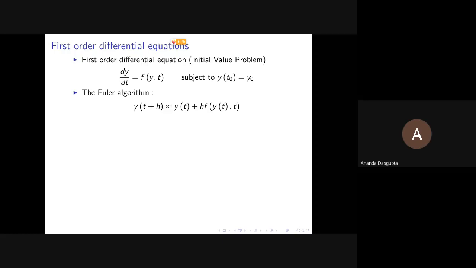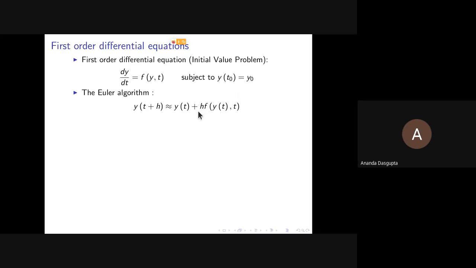So the simplest algorithm that we use here is something which I'm pretty sure all of you have seen before. At least all of you who did the previous computer courses here would definitely have seen it. All you do is you take a step size h and say that, okay, if I know y at time t, then y at time t plus h is simply y of t plus h times f.